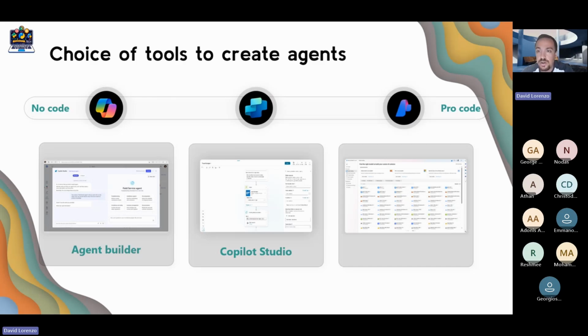And then the pro-code side, which is Azure AI Foundry connected or orchestrating with Microsoft Agent Framework or Semantic Kernel or whatever orchestration tool you want to use. This will allow us to make more customizable agents.